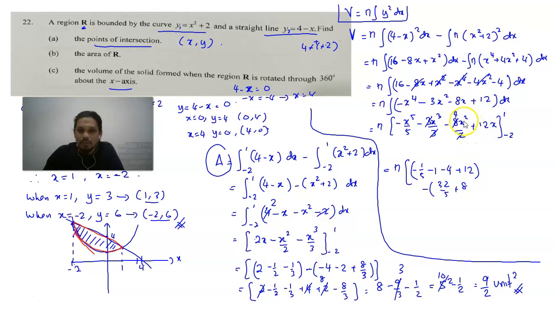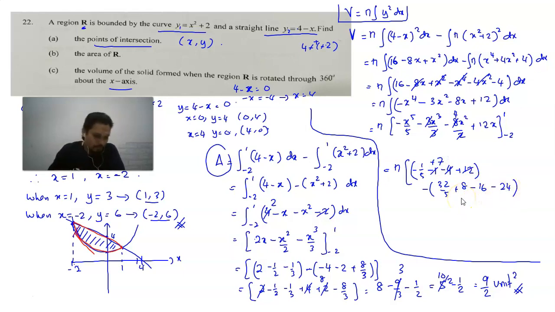Negative 2 squared equals 4, 4 times 4 negative here. So negative 2 squared is 4 times negative 4 equals negative 16. 12 times negative 2 is minus 24. Okay, so 12 minus 4 equals 8, minus 1 equals 7.